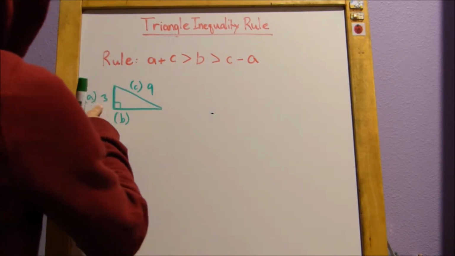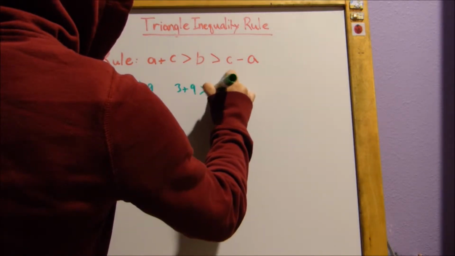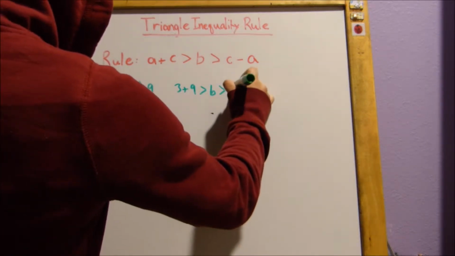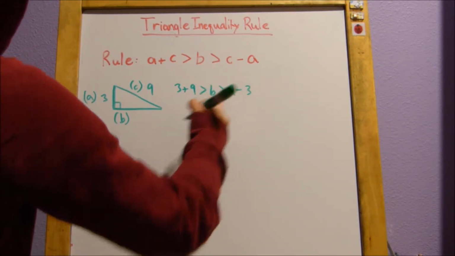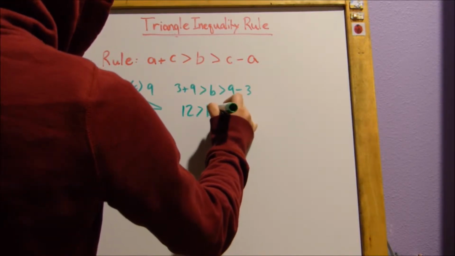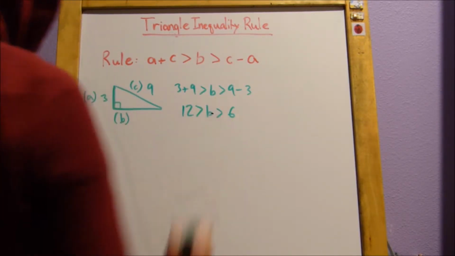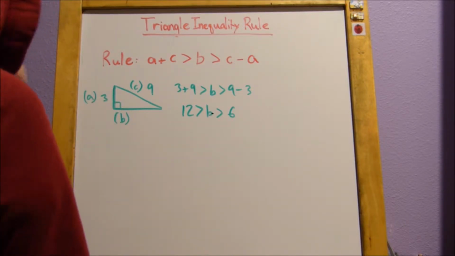So 3 plus 9 should be greater than B, and B must be greater than 9 minus 3. So 12 is greater than B, which is greater than 6.